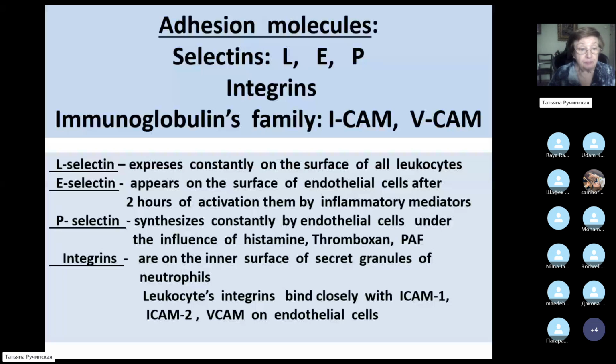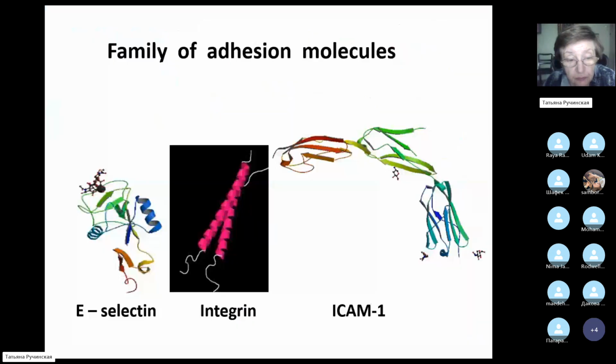Adhesion molecules are proteins. First, this is the family of adhesion molecules: selectin, integrin, and the more complex ICAM or VCAM. ICAM means intercellular adhesion molecules.